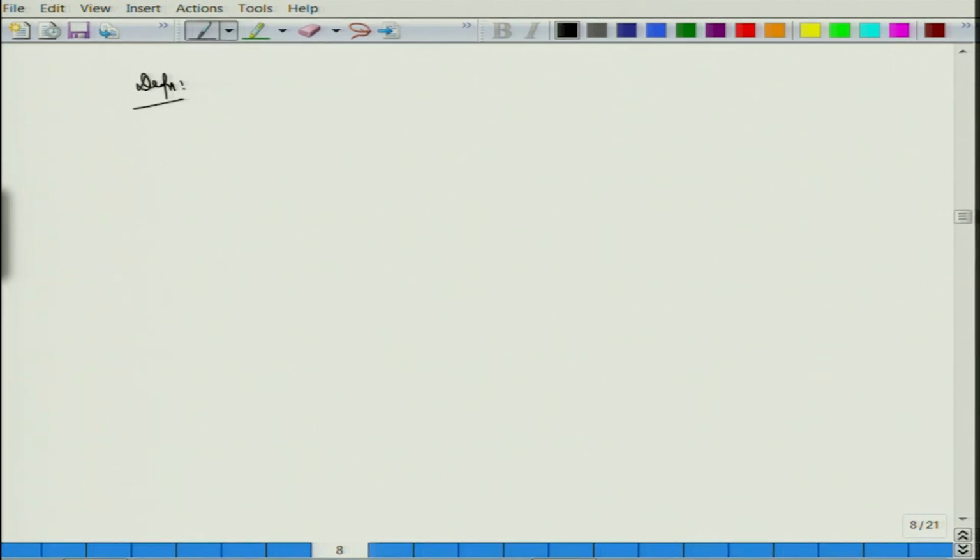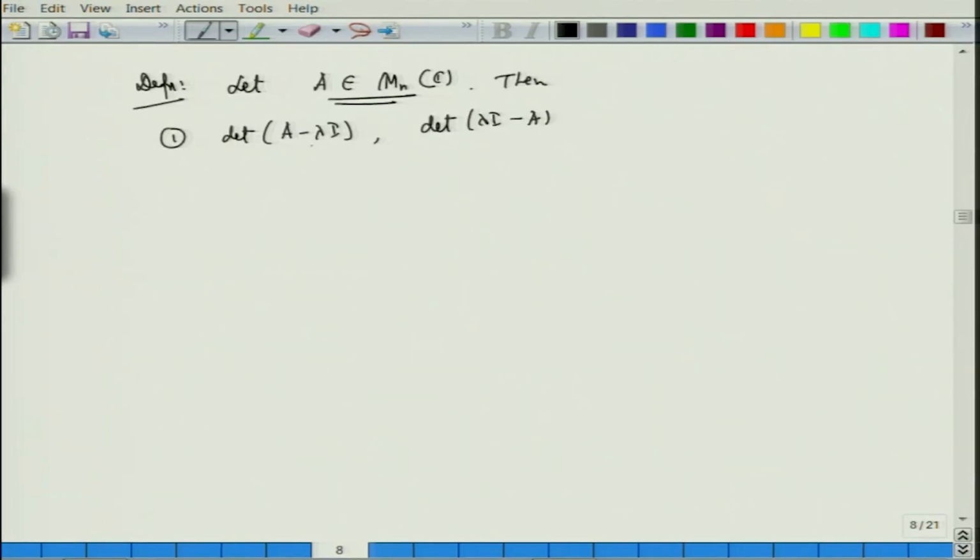What are called characteristic values and things like that. So let A belong to Mn of C. I may not write again and again this part, A belonging to Mn of C. We will just assume it is. Then, 1, determinant of A minus lambda I, or in many books they look at determinant of lambda I minus A. So A is n cross n, so I is also I sub n that you have.